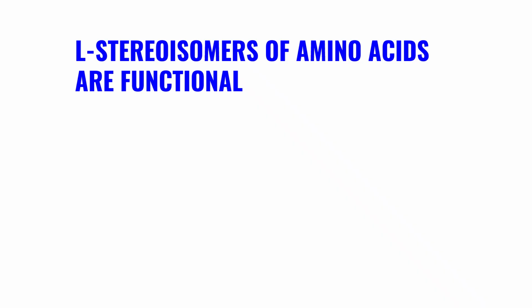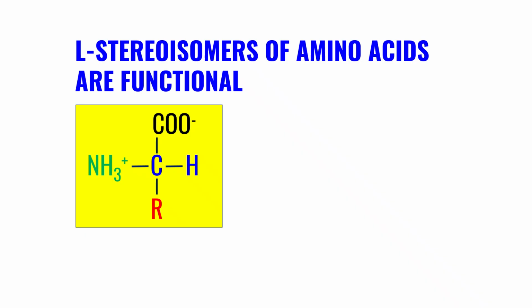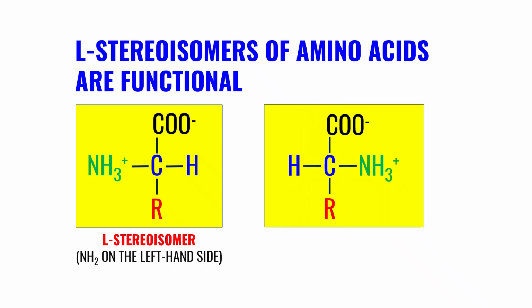So L-stereoisomers of amino acids are functional. They are defined by the position of the amino group on the chiral carbon atom. In an amino acid, you have one carbon atom which is a chiral carbon atom or asymmetrical carbon atom. When the amino group is present on the left hand side, this is known as L-stereoisomer, which is the functional form present in our body.